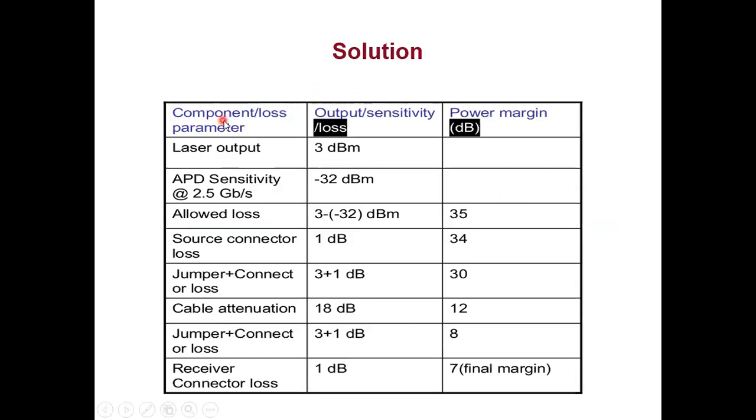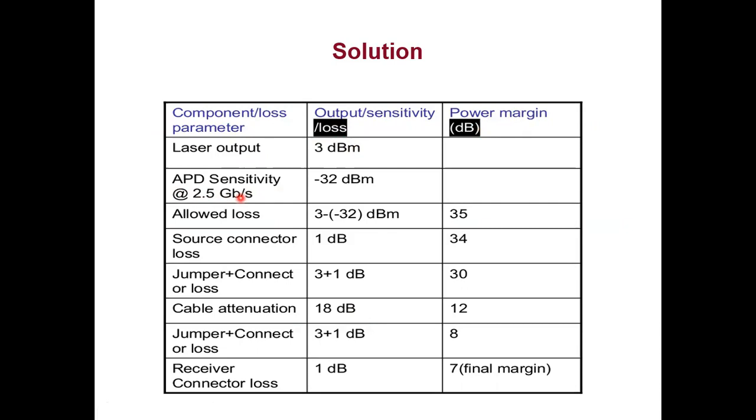Again, I have the component or the loss parameter, output, sensitivity, loss. Please name all these things, don't be lazy. Output power, power margin, I'm calculating in dB. So laser output 3 dBm, APD sensitivity at 2.5. We are mentioning the data rate, everything, but we are not actually using it in calculation because we are using power budgeting.